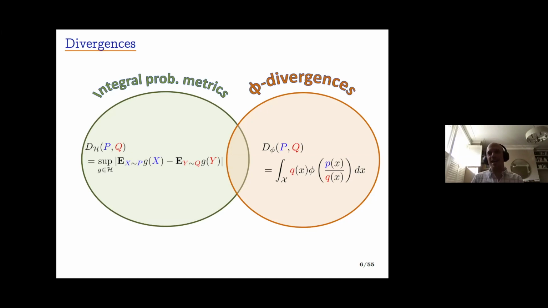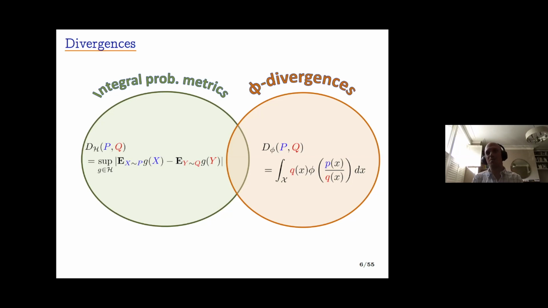Then on the right-hand side, how do I witness the ratio of P to Q? I'm going to assume that P and Q both have densities with respect to the Lebesgue measure, and I'll also assume that the ratio of P to Q is well defined here. Then I'm going to compute the expectation of a function of this ratio. This function phi is going to have a few useful properties.